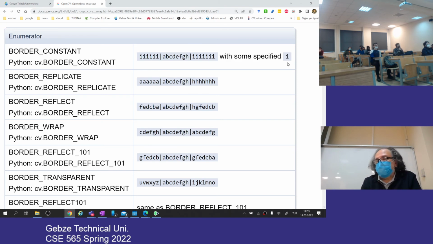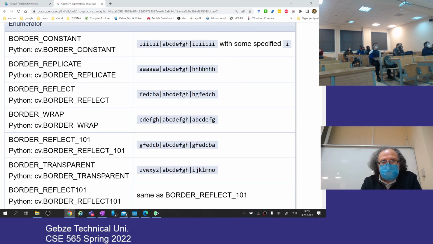If it is 0, then it becomes the clipping. Replicate is just do the copying of the first and last, right? Reflect is this. Wraparound is this. Border reflect is, what is this? Oh, okay, so it starts not from A, but starts from B.